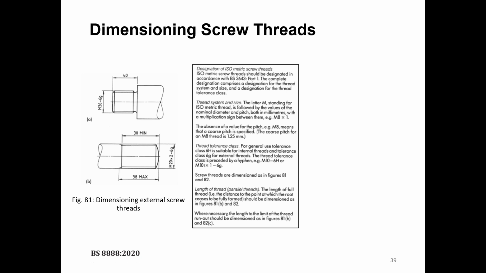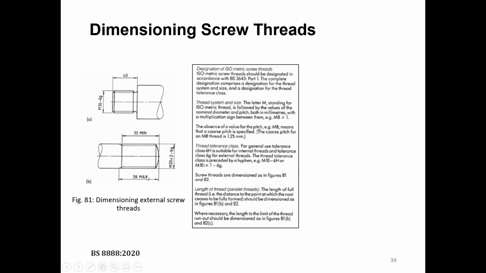Also, you'll find 6G written here. 6G gives you the upper and lower tolerances of this external thread. We're going to talk more about the threads, and you will get to understand what 6G and those numbers are. But for now, consider that this gives us our upper and lower limits for tolerances.